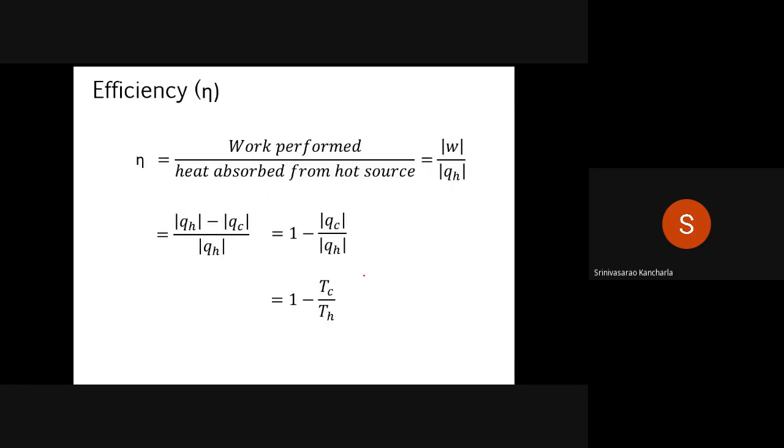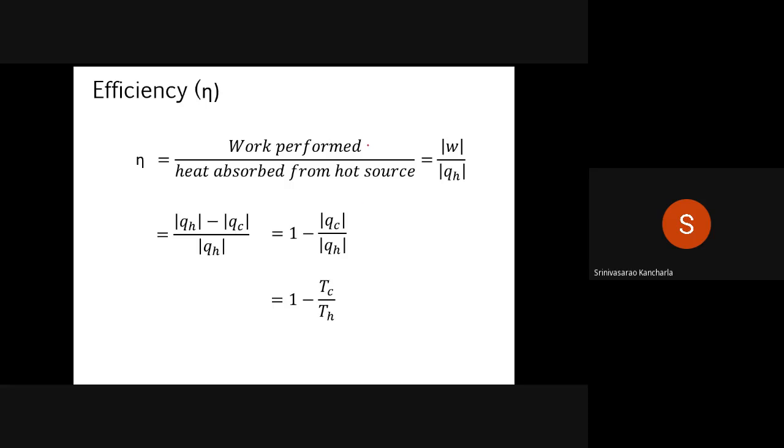This is useful in determining the efficiency of the working engine. Efficiency can be calculated based upon the work performed by the amount of heat you supplied to the system. From the hot source, you are supplying some amount of energy to the engine or system. The amount of work done you will calculate, and the ratio will give you the efficiency.